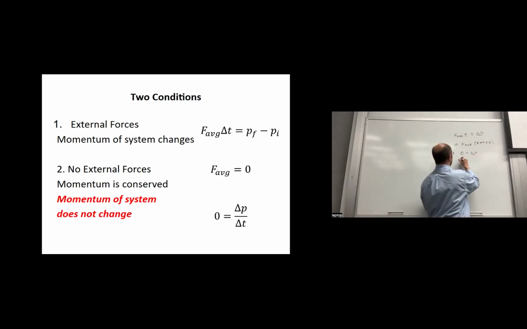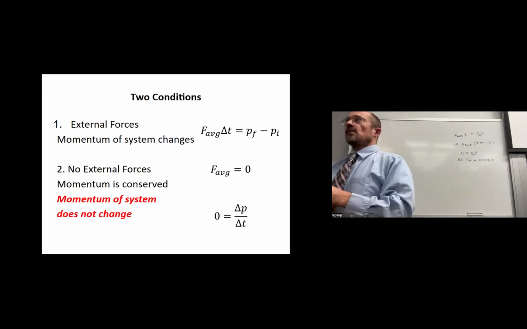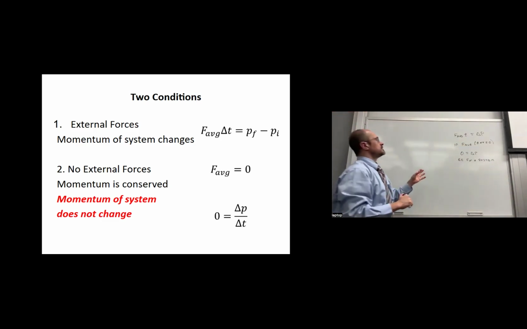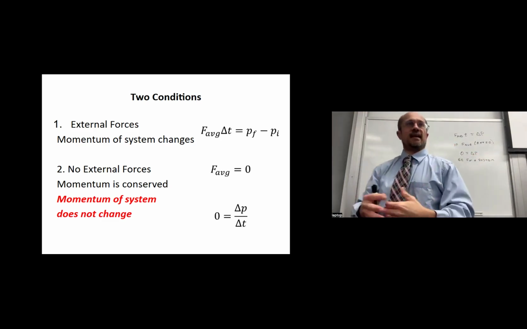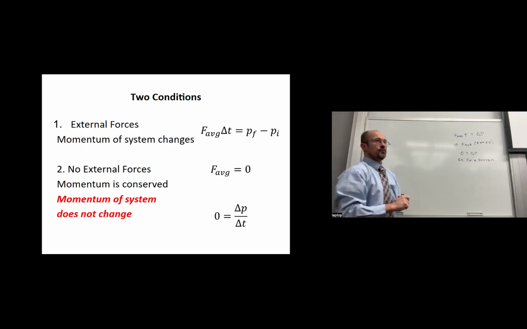Now this is going to be for a system. And so usually I like to think about this as two objects, like your system needs to be two objects that can move or should be movable.